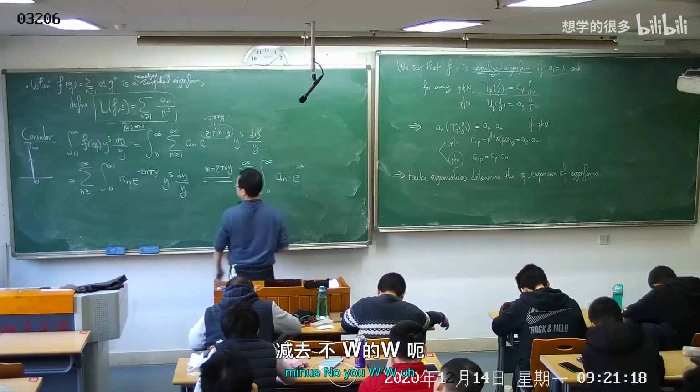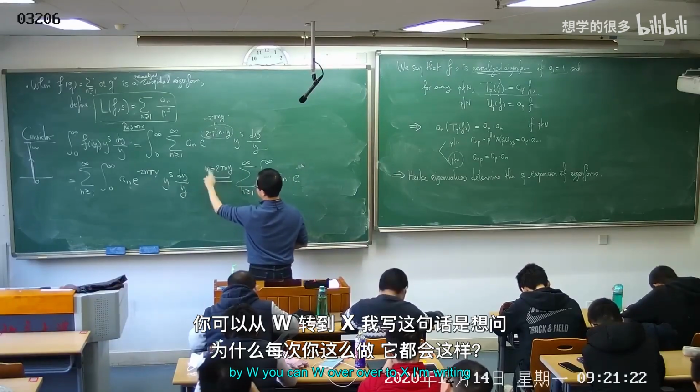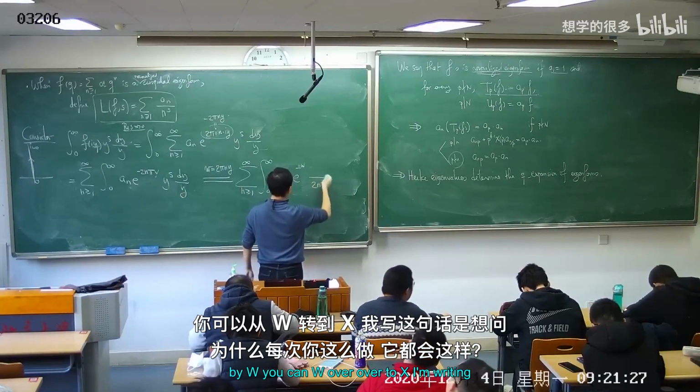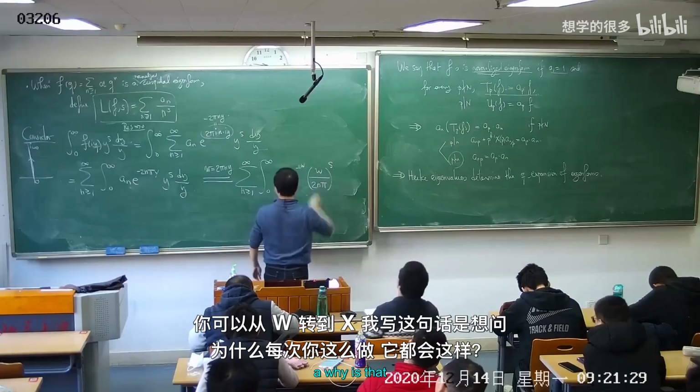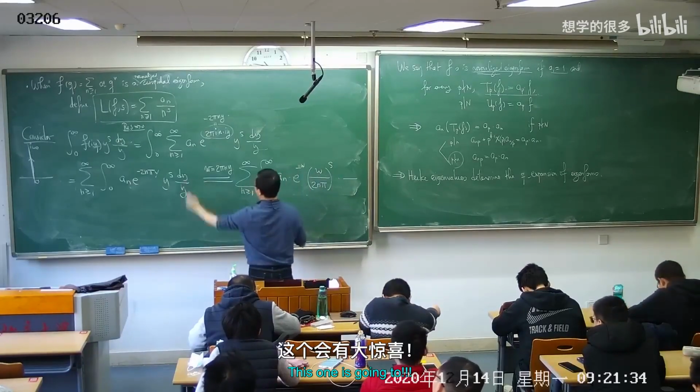Now if I do w, then y equals w over 2 pi n. The good thing of writing dy over y is that whenever you do this sort of scaling of y, this will not change.